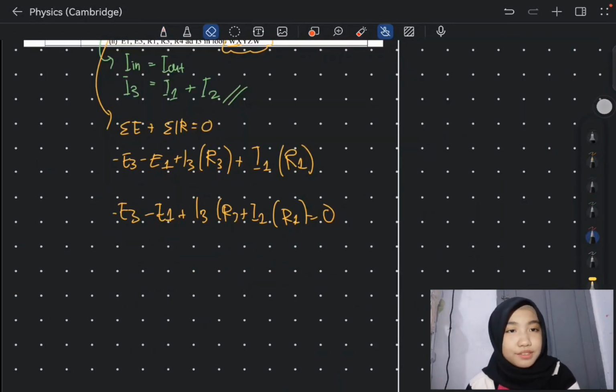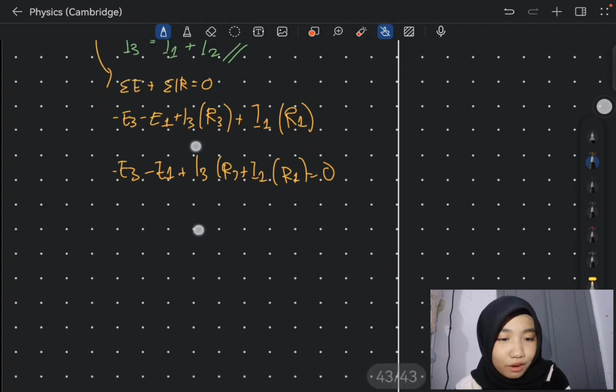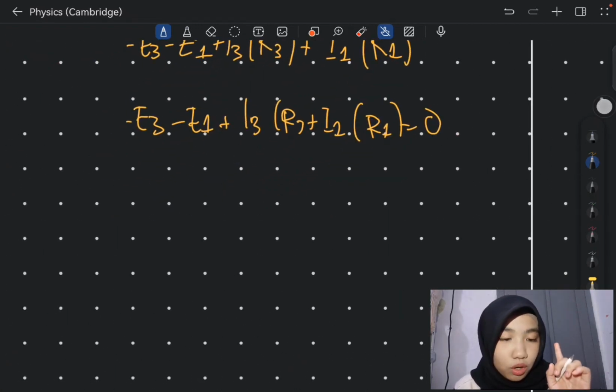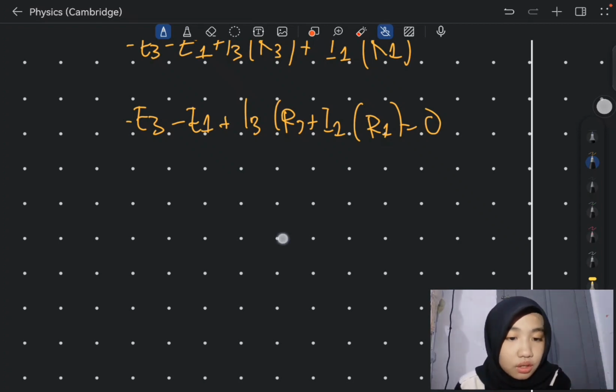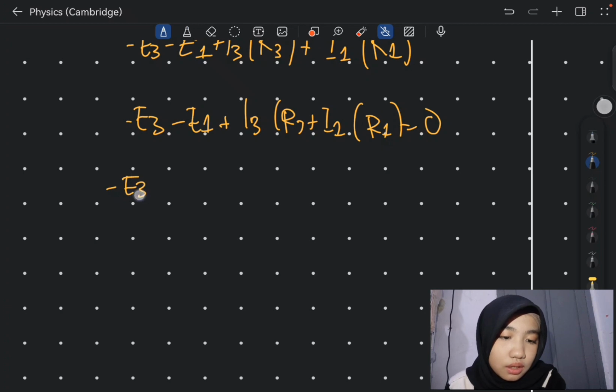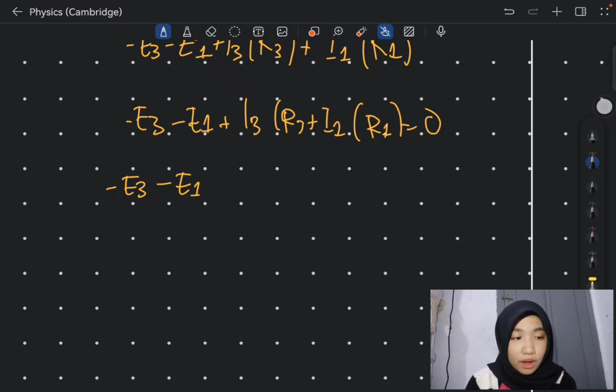It appears I missed a part, so we don't stop here. We can simplify it further to negative E3 minus E1. I forgot to add equals 0 at the back.